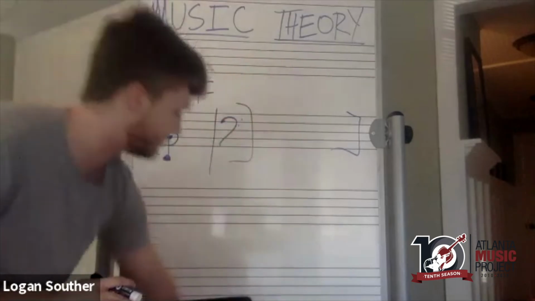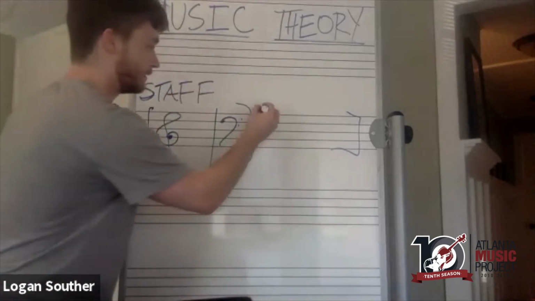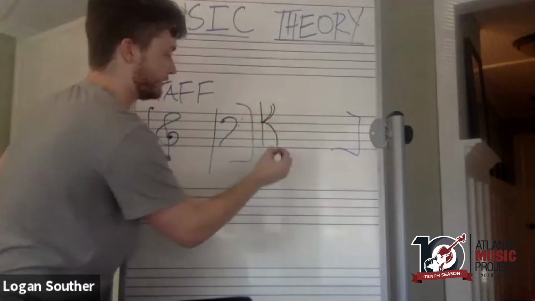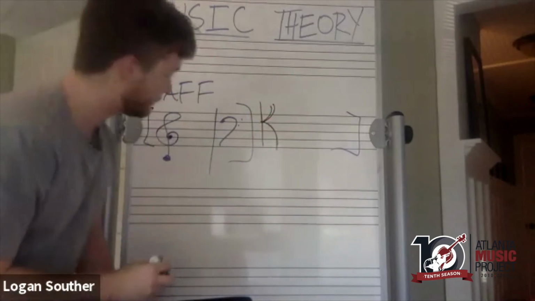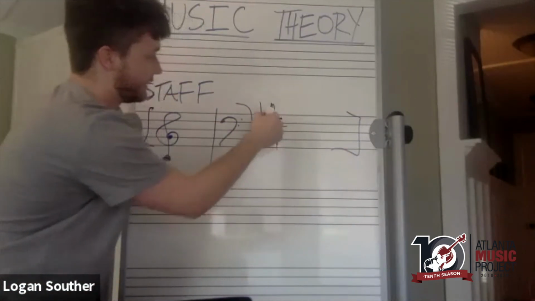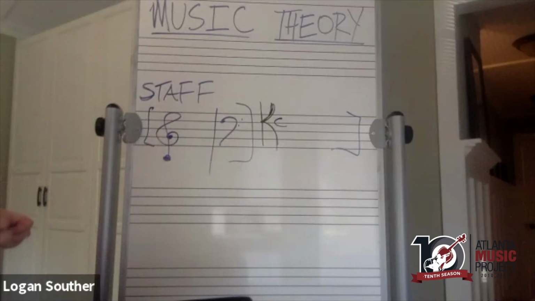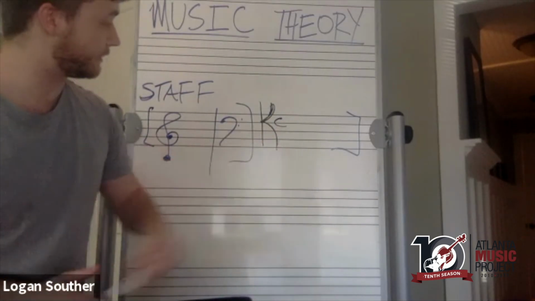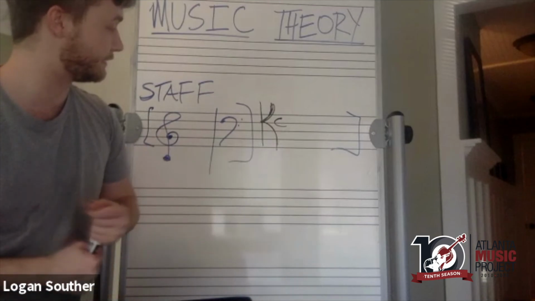You can move this up. We have the tenor clef when it's on the second line here. So this second line would be middle C. This is used by the cello, plays tenor clef sometimes. The bassoon plays tenor clef.